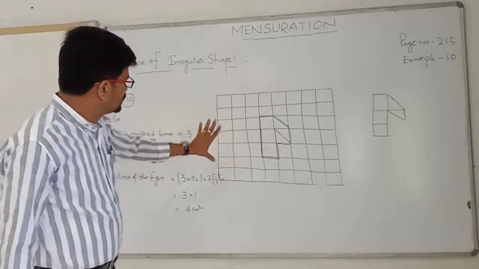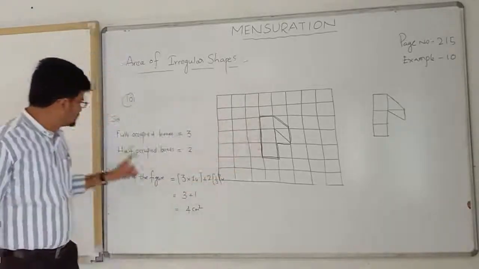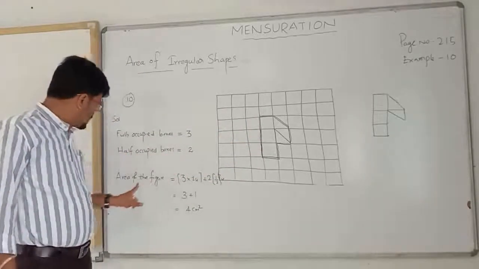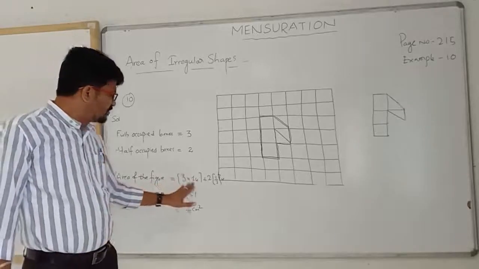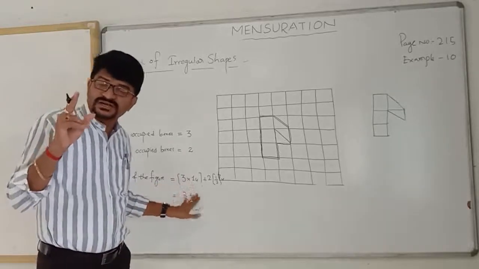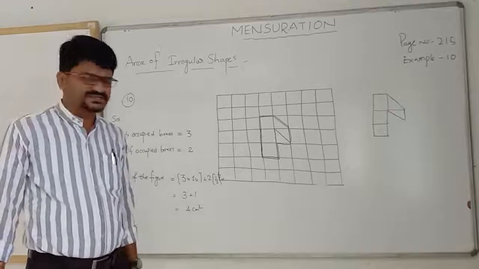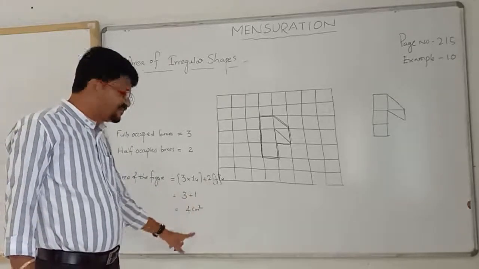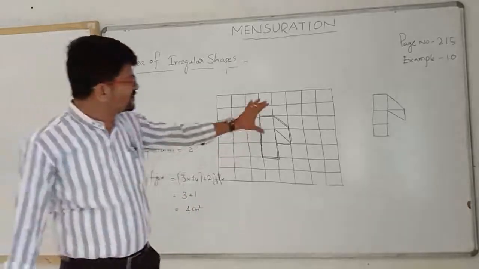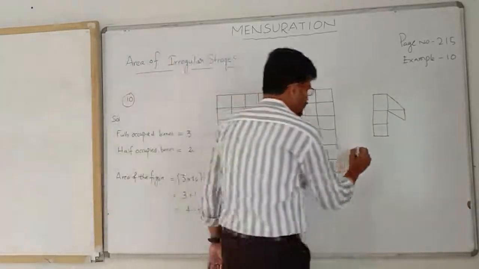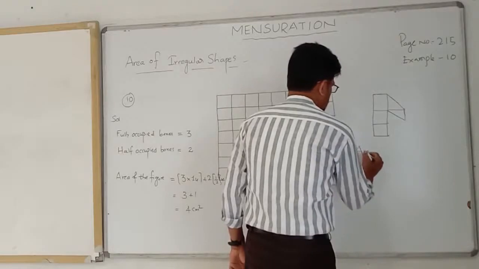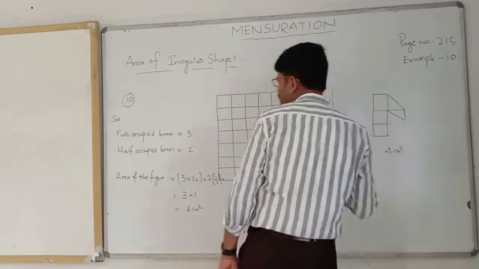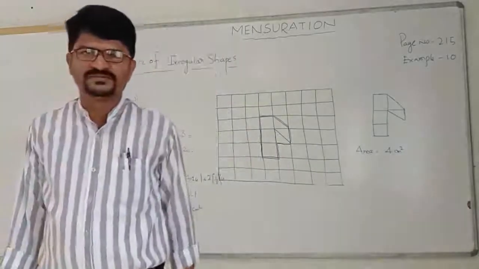But you must calculate the full boxes. Fully occupied boxes 3, half occupied boxes 2, and the area of the figure: fully occupied box is 1 square box, this is half square box. So 3 plus 1, 4. Therefore, the area of the figure is 4 centimeter square. Got it, all of you?